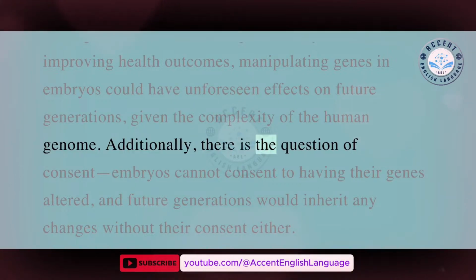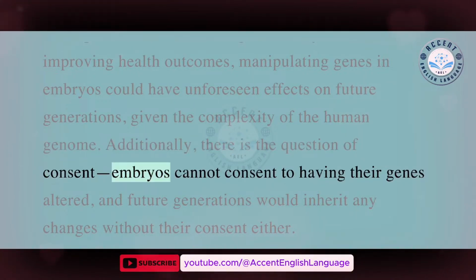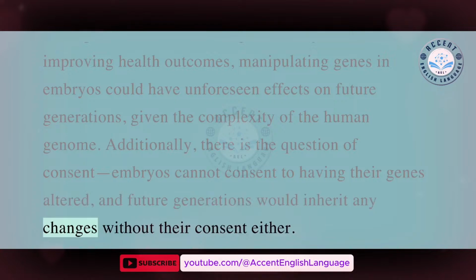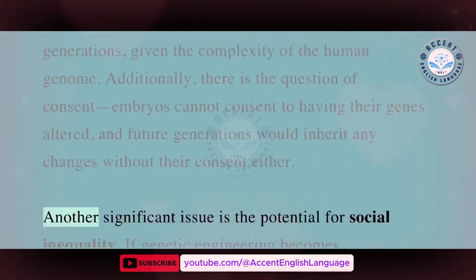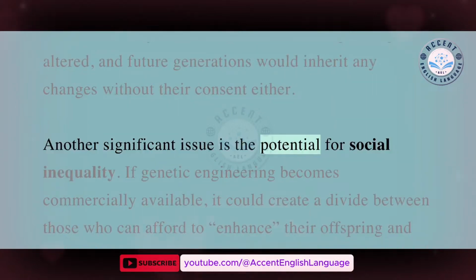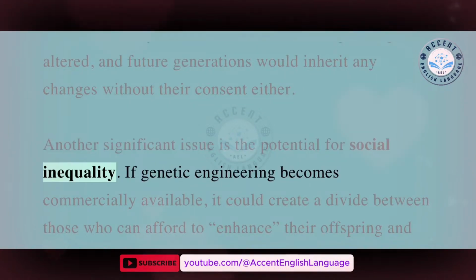Additionally, there is the question of consent. Embryos cannot consent to having their genes altered, and future generations would inherit any changes without their consent either. Another significant issue is the potential for social inequality.